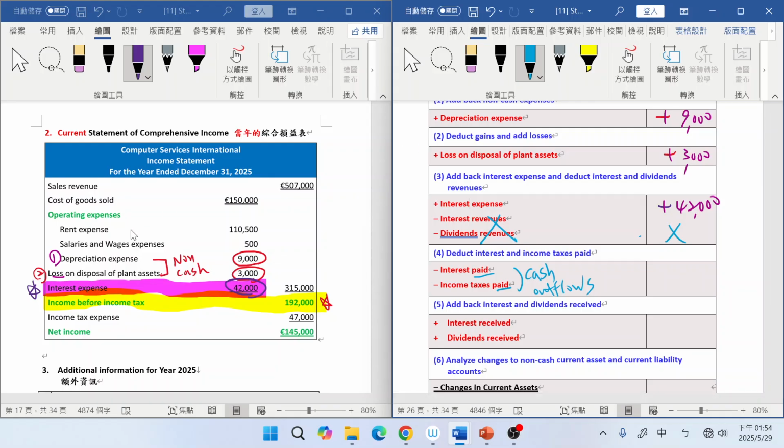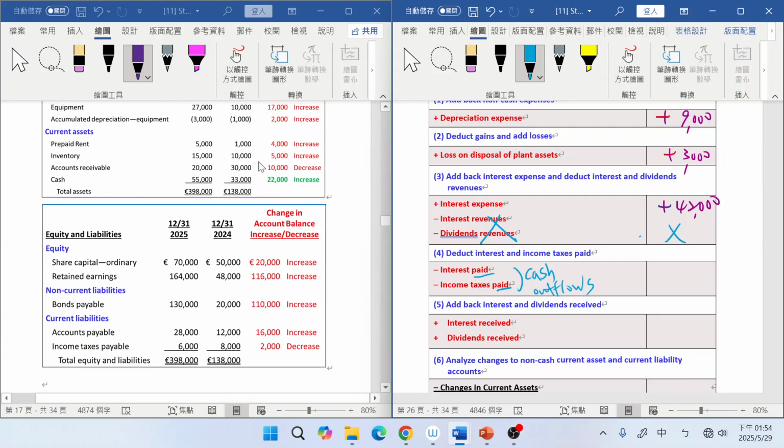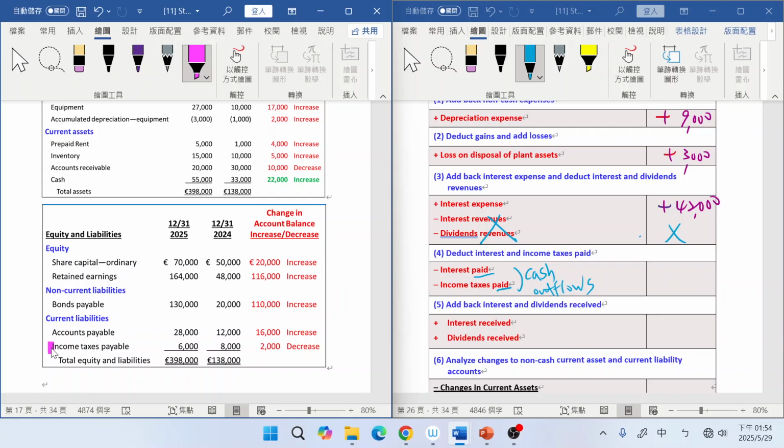You look at page 14. On page 14, you should find their friends. What are their friends? For interest and for tax. Here, did you find it? For tax, okay. Did you find interest? No, we didn't. For interest, we didn't find interest payable.